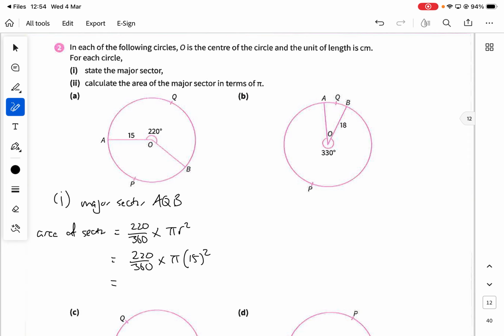Can I go with your water? Go. I get this answer. 220 over 360 times 15 square is the same. Yours is the same as mine actually. You press this one more time, it will come out. Yeah, no, it's different.